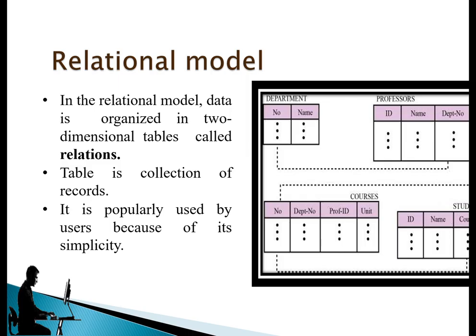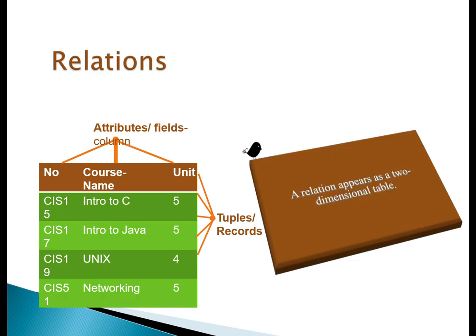Now, generally the table is a collection of number of rows and columns, right? Every column of the table is known as attribute, or it is also known as field, and every record or row of the table is called as record or tuple.